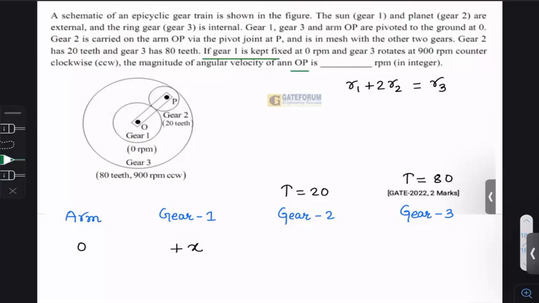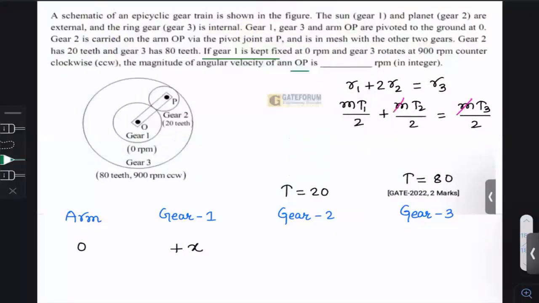So we can write M T1 by 2, module M T2 by 2 into 2, plus M is equal to M T3 by 2, right?